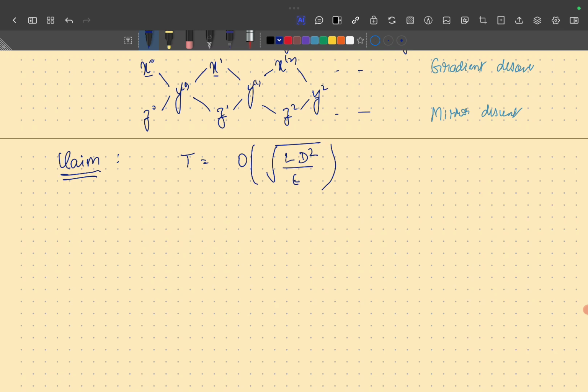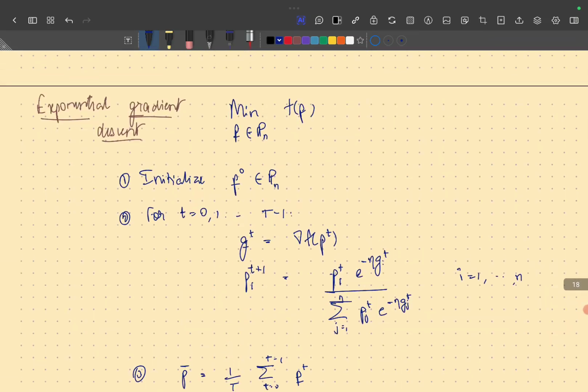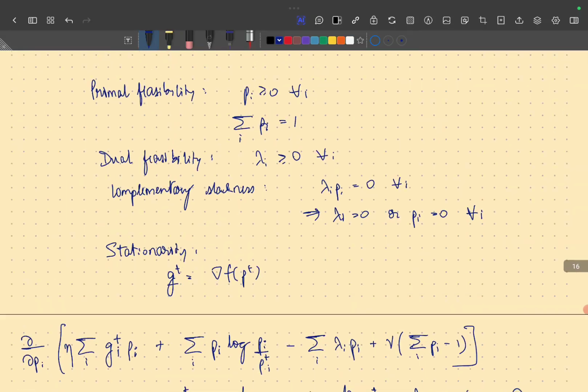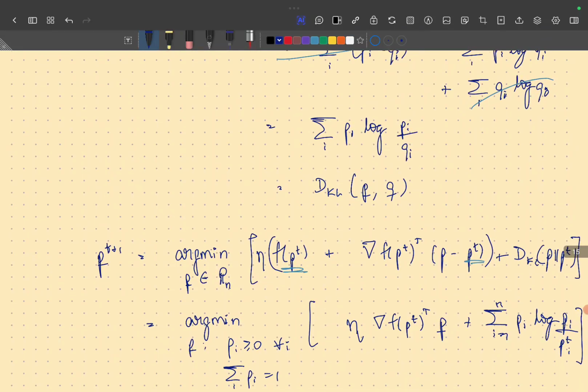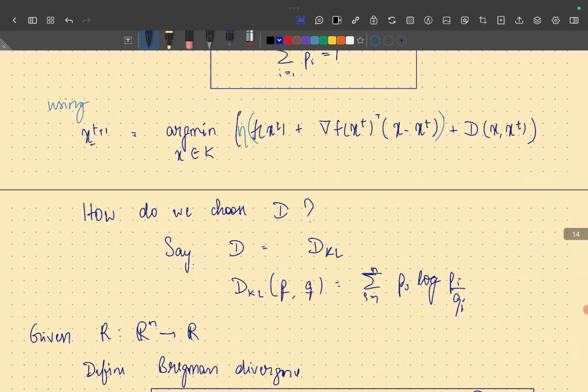So the main idea behind accelerated gradient descent is that you try to minimize a sequence of functions that approximates f better and better as you go along. If you recall in mirror descent or even standard gradient descent, we were trying to solve this approximate minimization.